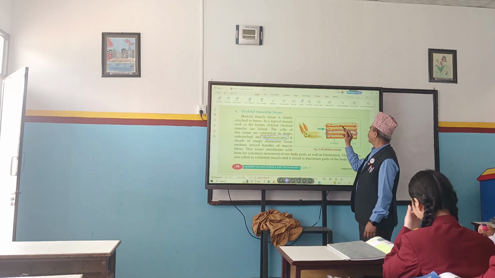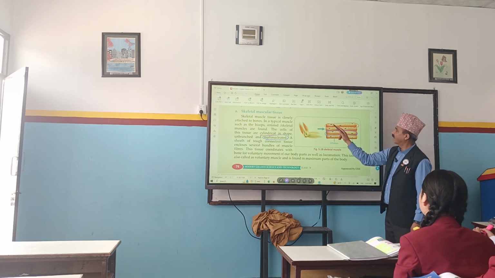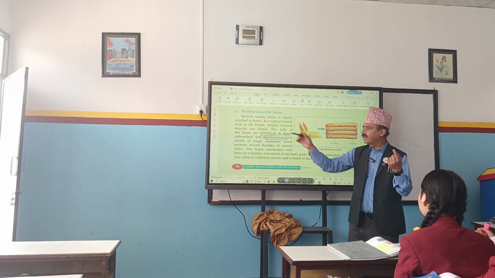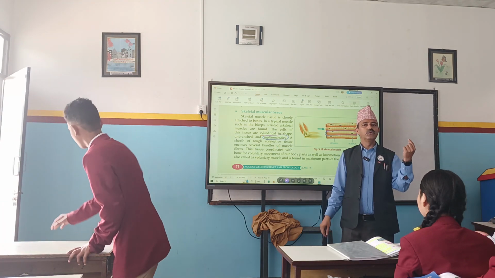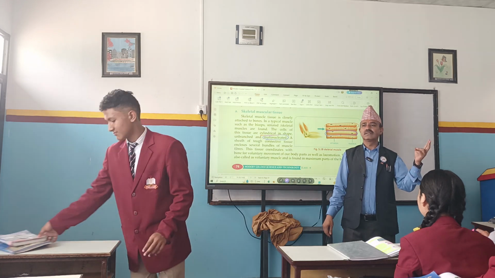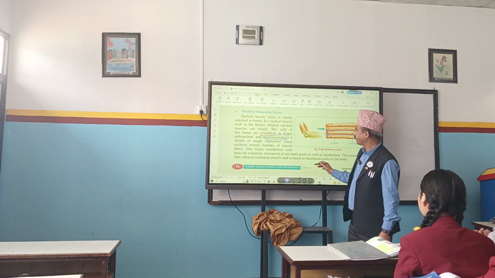How many nuclei are present in this cell? Do you know? 1, 2, 3 are present here. If there is one nucleus, it is called uninucleated. If there are two nuclei, it is called binucleated, but this is polynucleated.